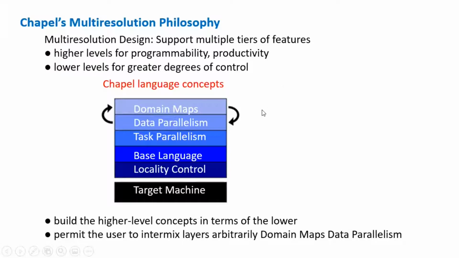The high level is for programmability and productivity, and the low level is for a greater degree of control. It permits the user to intermix layers arbitrarily, like domain maps and data parallelism. Okay.